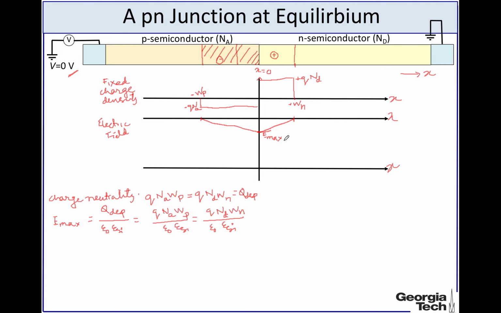All right. Now we have seen that in electrostatics, the electric field is simply the negative derivative of psi with respect to x, where psi is the electrostatic potential.